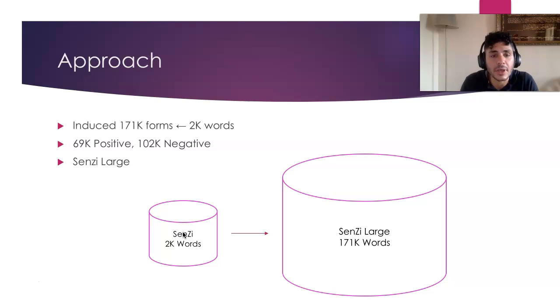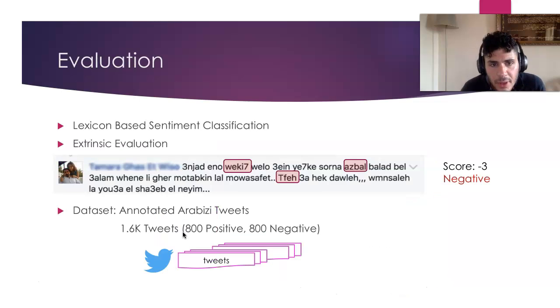This approach induced 171,000 words from a lexicon of 2,000 words, which is composed of 70K positive and 100K negative. We name it Sensi large. For the evaluation, we apply the same evaluation over the previous versions, and we compare the results. We do a lexicon-based sentiment classification, which is very simple.